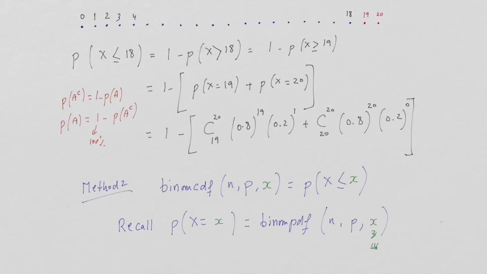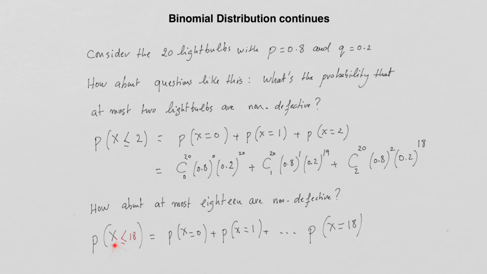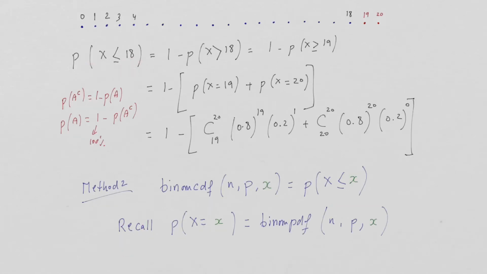True or false? Binomial PDF only deals with equal sign. Well, I don't have equal sign. I have this one. This is the question. Isn't that the question? Less or equal.